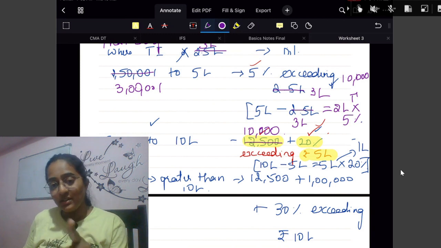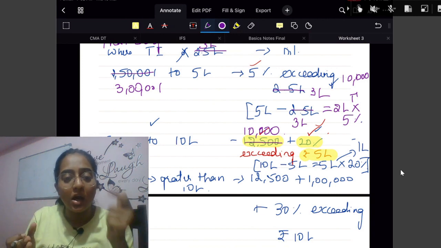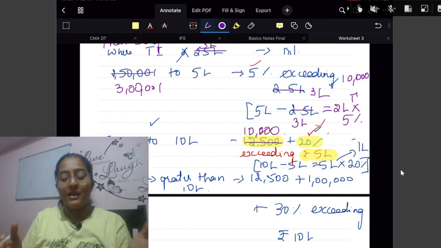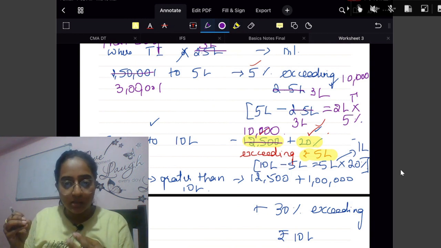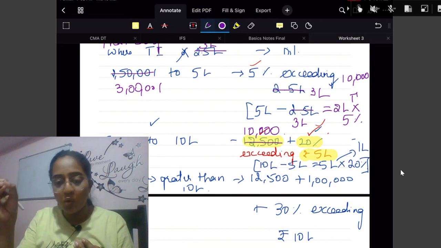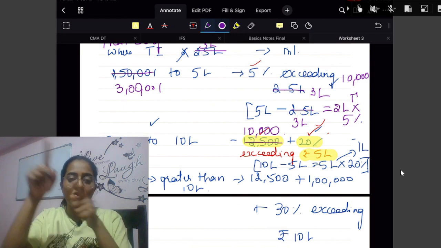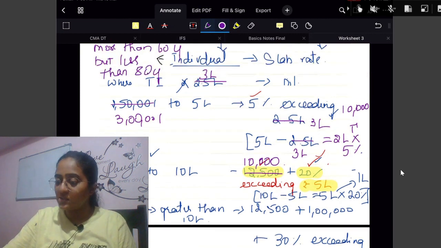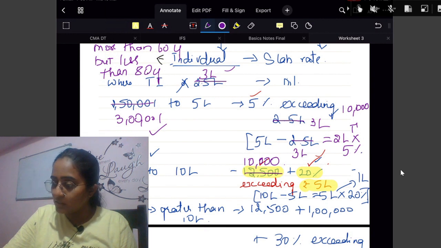I'm doing this by cutting everything because I want you to understand what the difference is and how it is going to be impacted. Otherwise, I could have written in another place. The reason why I'm cutting and writing over is that you should understand, if the 3 lakh changed, where all it is changing. 3 lakh changed here. Next it is changed here. Second change. The third change happened here.